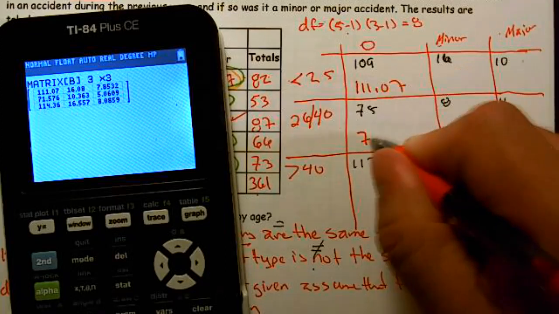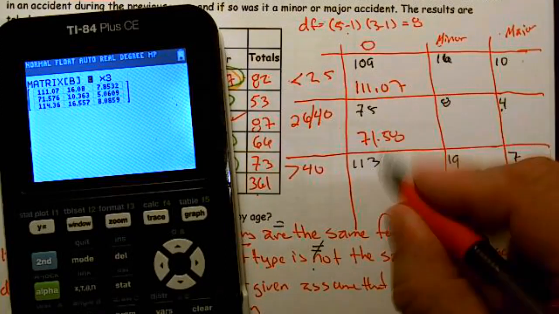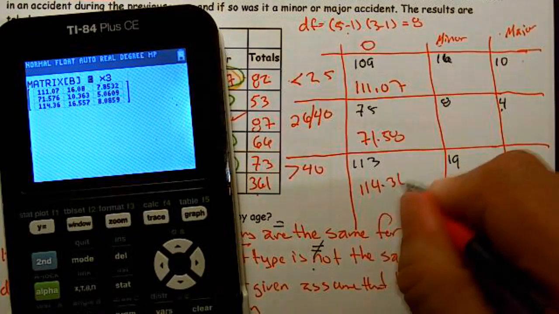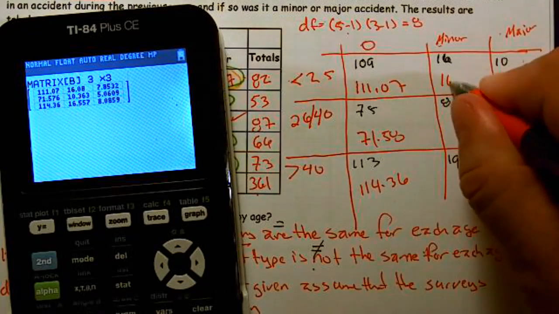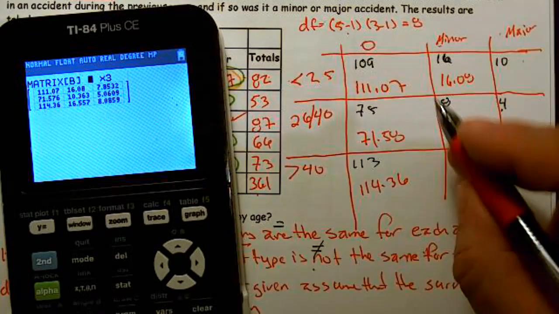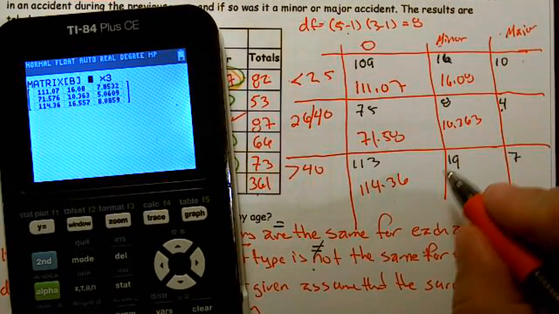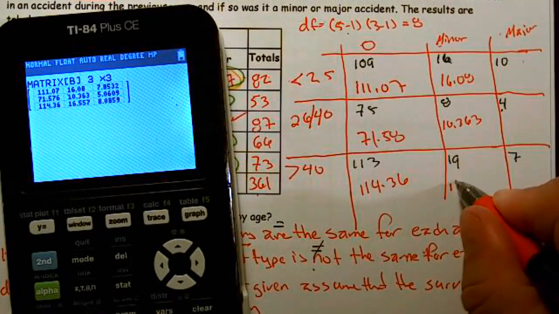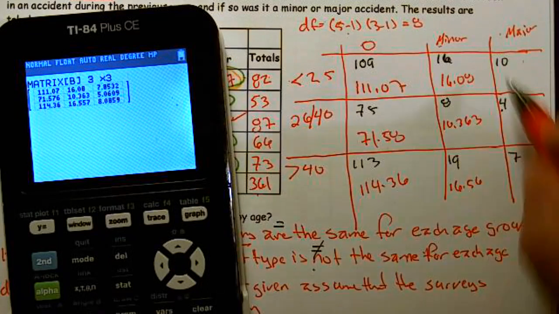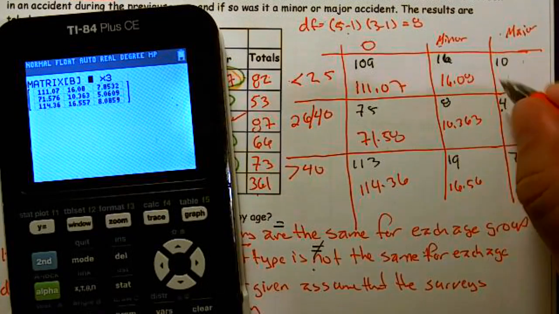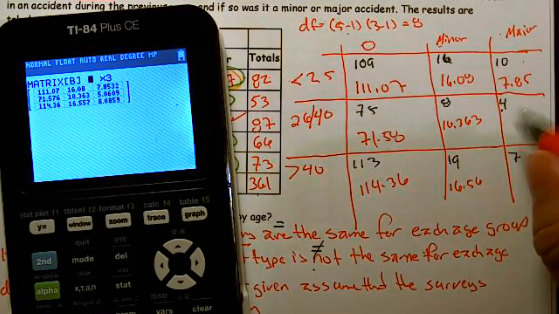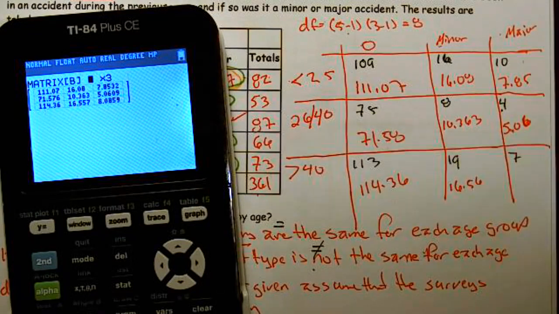This is 71.58. This is 114.36, 16.08, 10.363, and 16.56. This one is 7.85. This one is 5.06. Just needed to be 5. It barely is, but it's good enough. It's over 5. And this is 8.09.